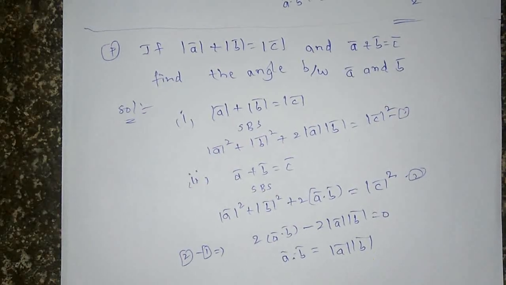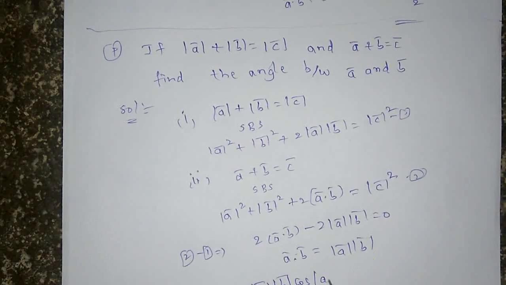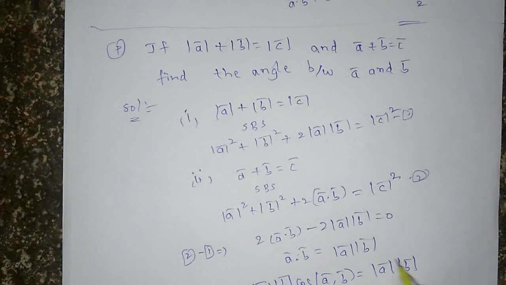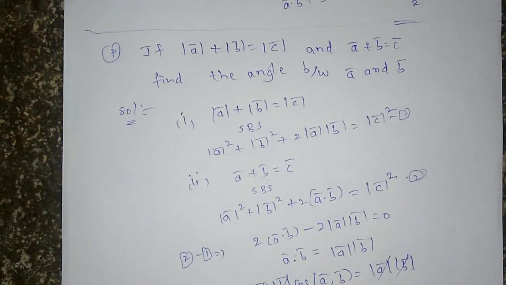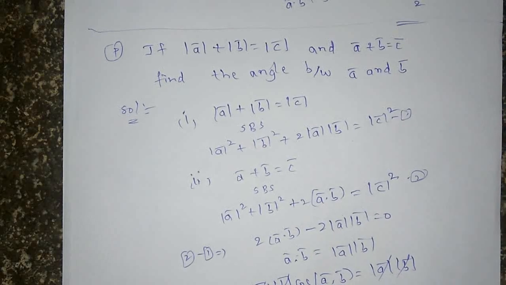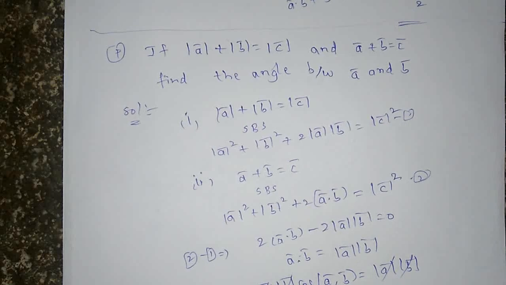This is the dot product of two vectors, that is |a||b| cos of the angle between a and b, which is equal to |a||b|. These two get cancelled. Now cos of the angle between a and b is equal to 1. Therefore the angle between a and b is what?